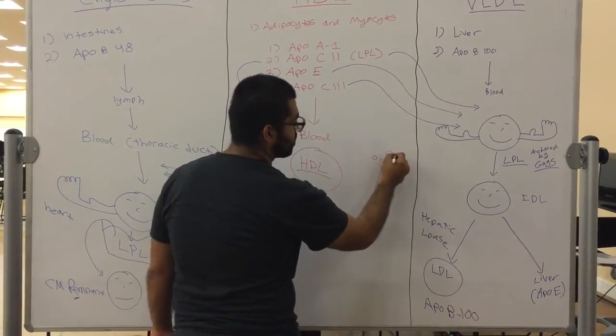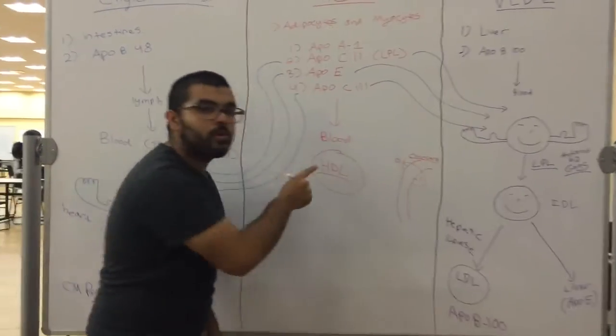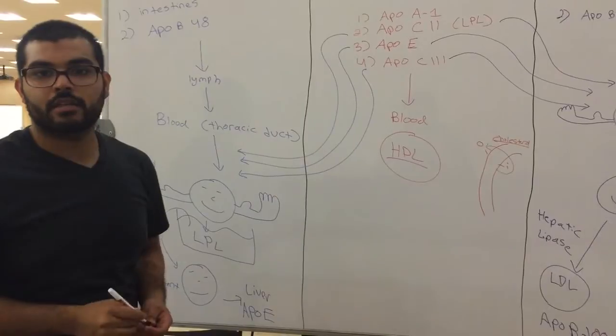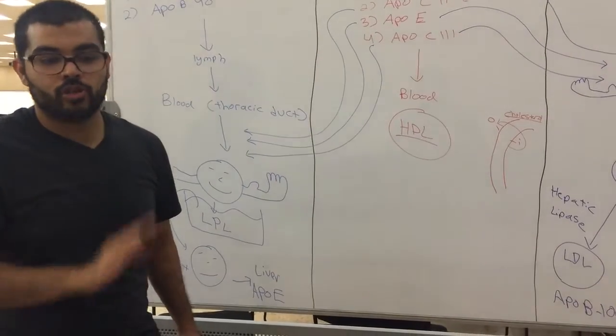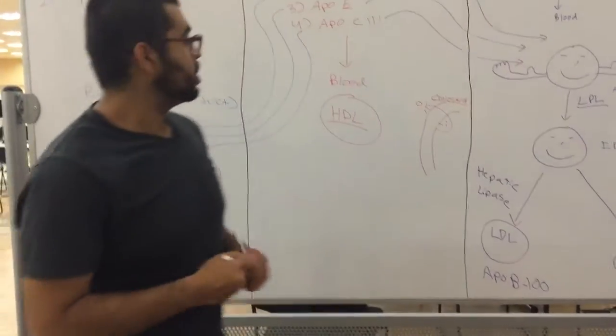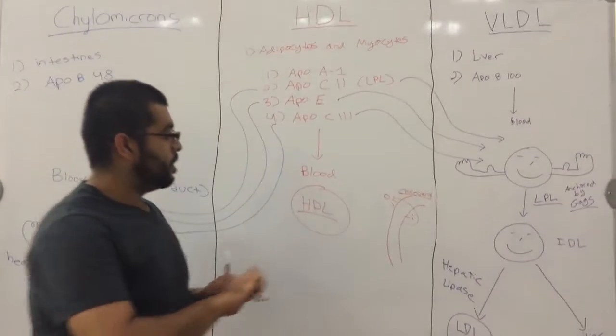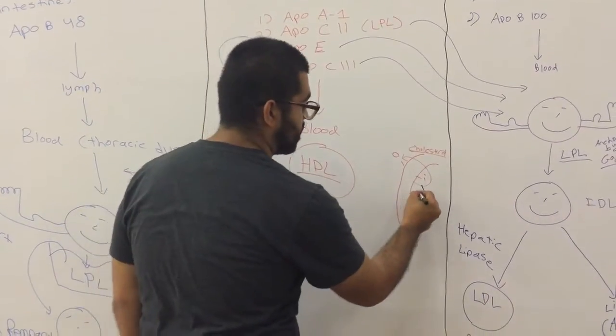So this is our cholesterol. Which enzyme or which protein facilitates that? Those are going to be your ABCA1 transporters. Keep that in mind. It's simple recall. It always comes. So this process is done by your ABCA1 transporters.